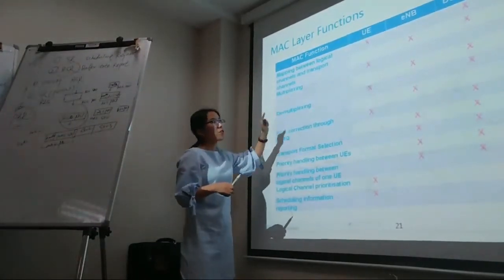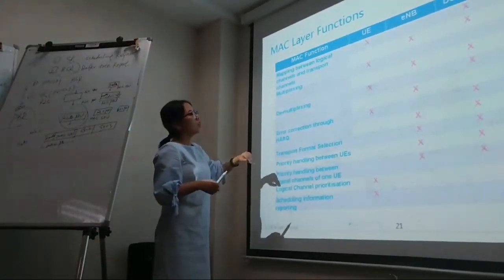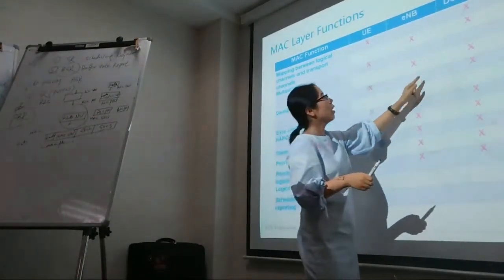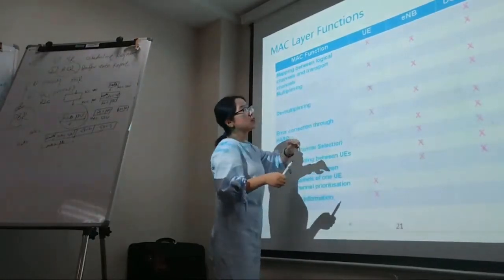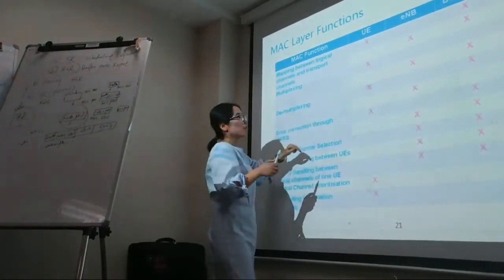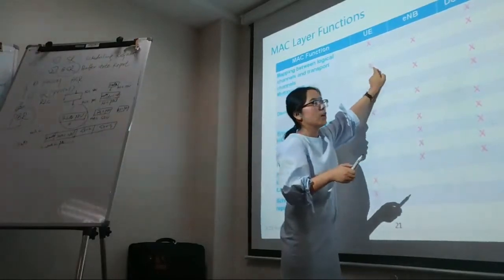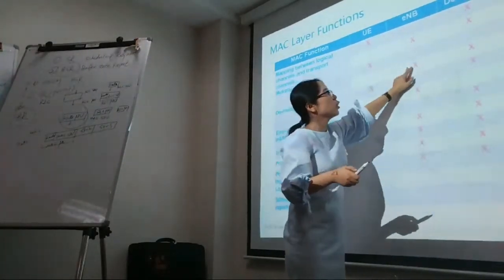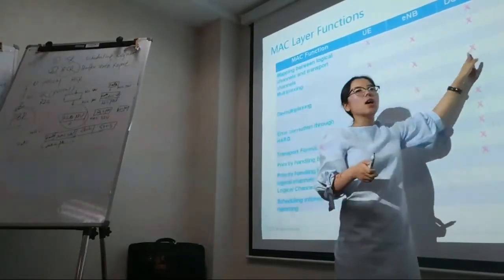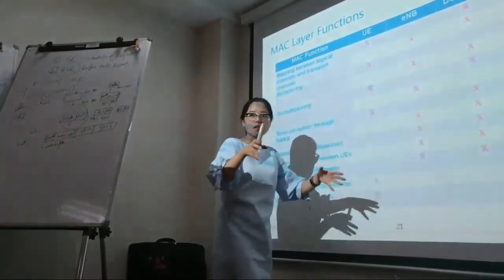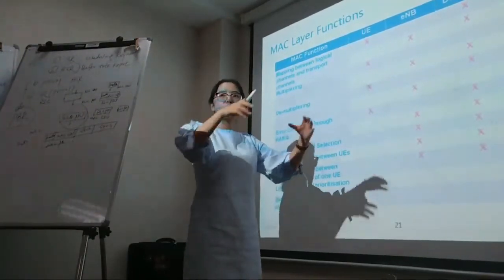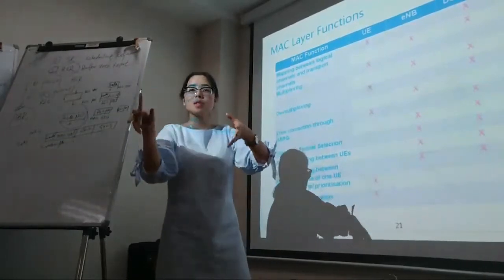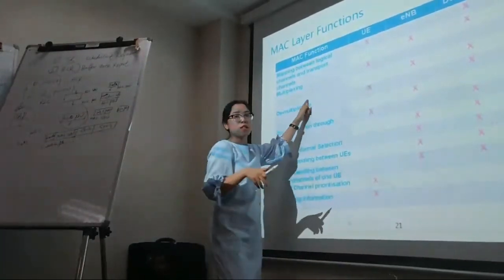And for multiplexing, both downlink and uplink, and eNode B and UE. But here we see there is a difference. On the UE side, it only realizes the uplink. On the eNode B side, it only realizes the downlink, right? Because the data is multiplexed in only one direction. For the UE, I process uplink. For the eNode B, I process the downlink. So this is the difference.